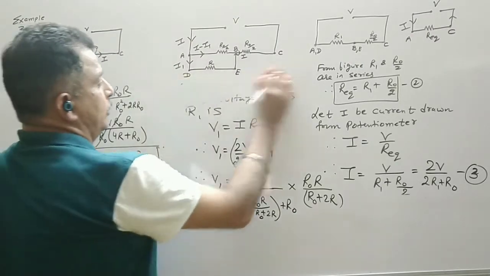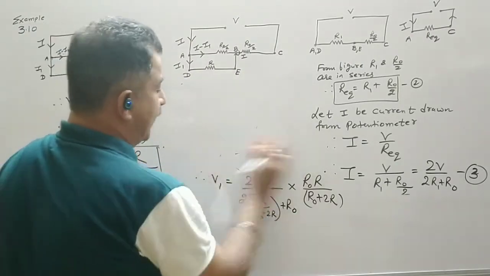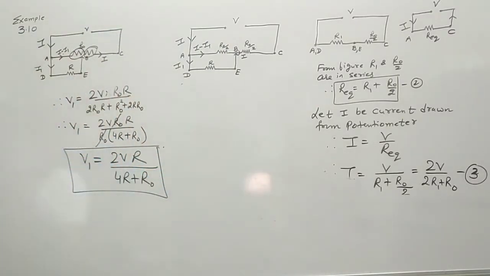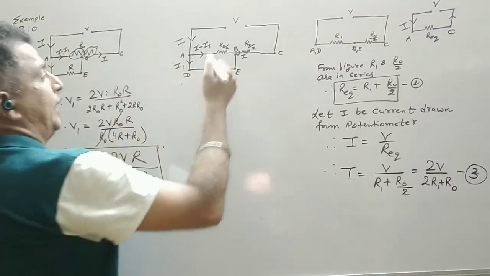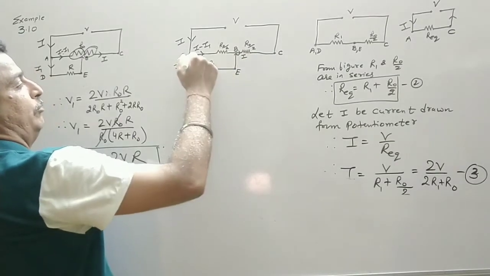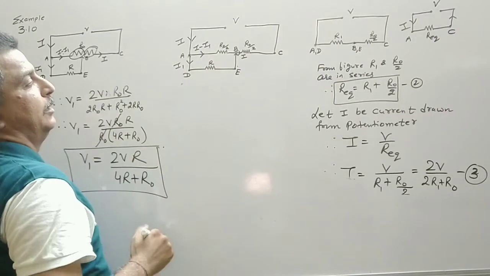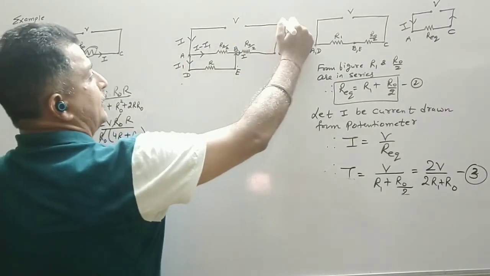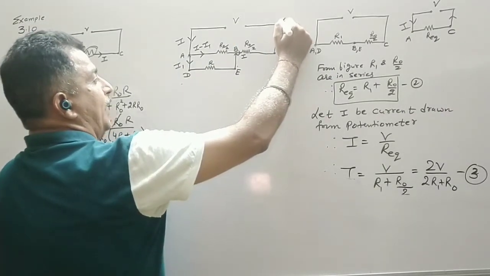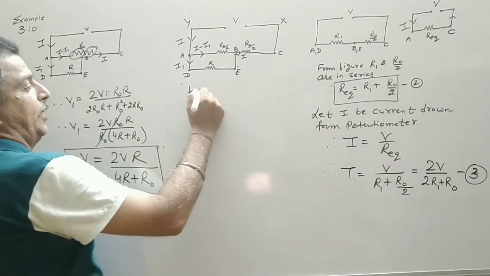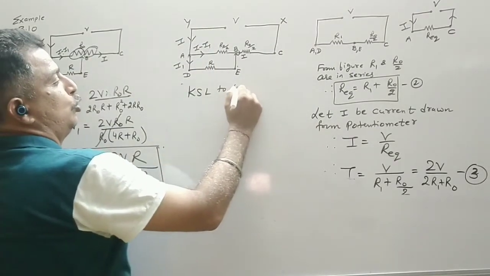Now, there are two variables, that is I and I1. So I need two loops, and there are two loops available to us. One is A, B, E, D, A, and for another loop, let us name these two points as X and Y. So you apply Kirchhoff's second law to the loop.